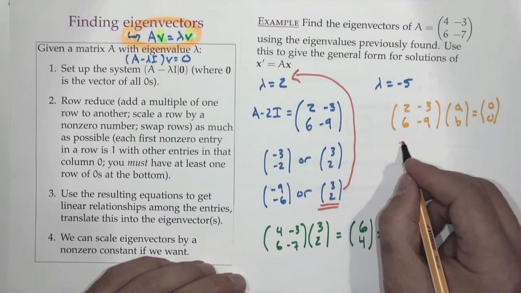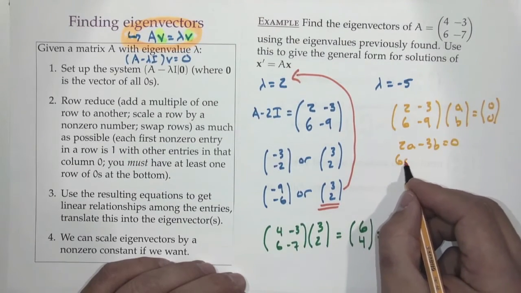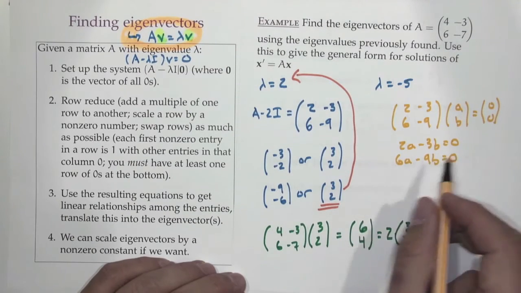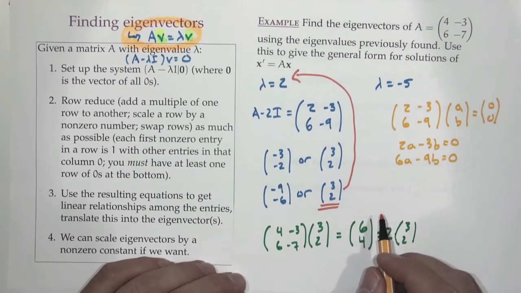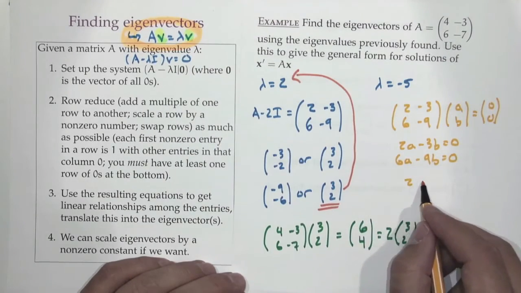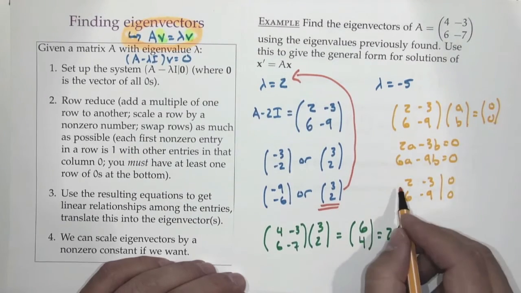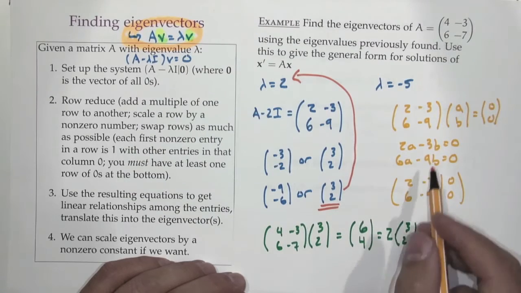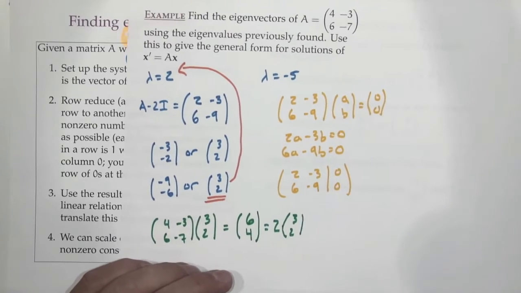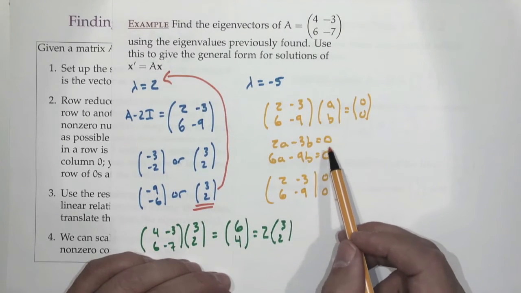This becomes, of course, 2a minus 3b equals 0, and 6a minus 9b equals 0. And we have two equations and two unknowns. Now, this notation just says there's a shortcut which keeps track of your equations in a tabular format. But really, you have two equations, two unknowns. If we were to solve these, what would you notice about these two equations?